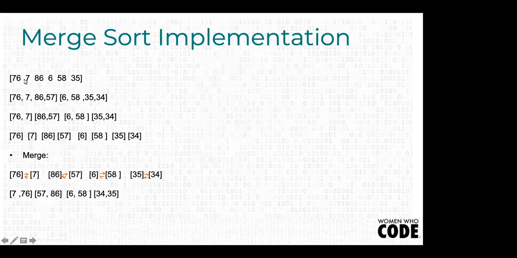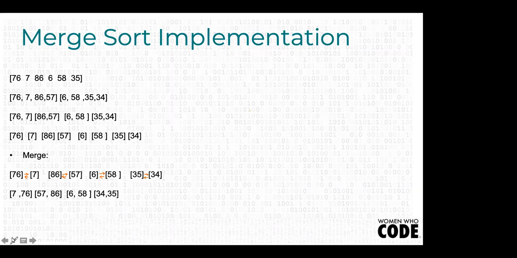Let's take an easier one here, a small one. Okay, so 7, 76 and 5, 78, 6. So this is the left and the right. You compare 7 with 57 and know that 7 is lesser.